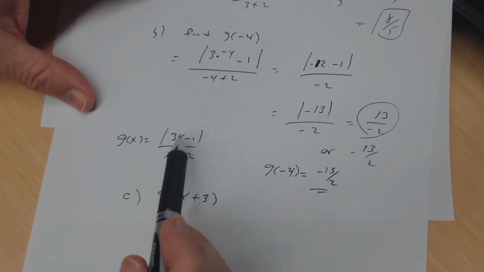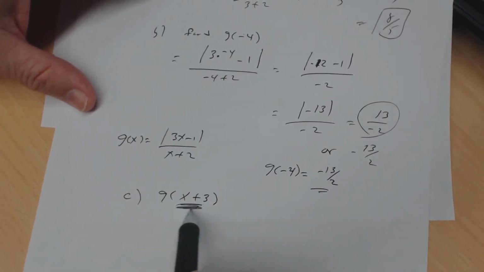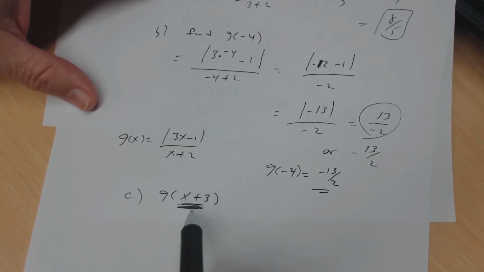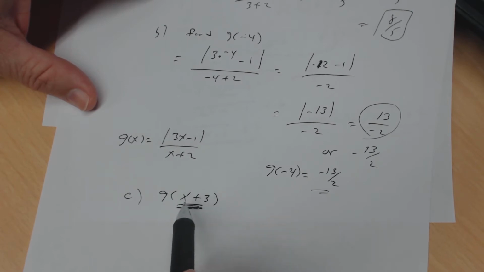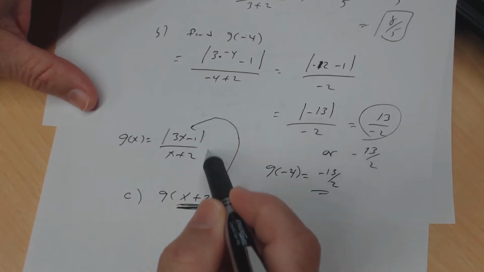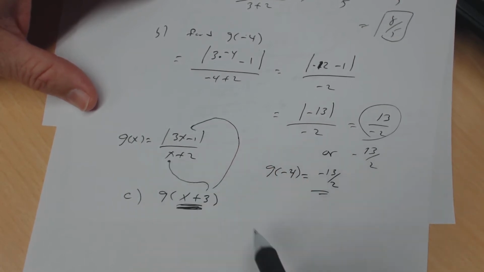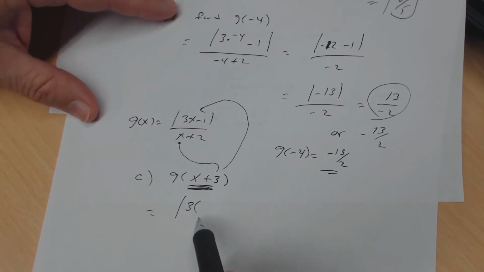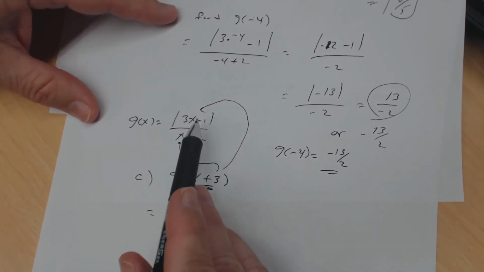So wherever you see the variable x, you're going to plug in what's inside the parentheses, because this was x. G of x, x is now x plus 3. So wherever you see the variable x, you can plug in x plus 3. So I'm going to get the absolute value of 3 times, don't forget the parentheses though, because all of this has to be multiplied by 3.